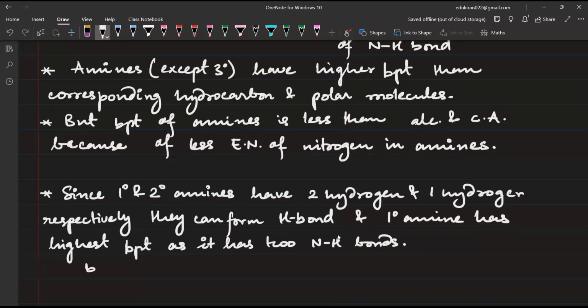So if I talk about the boiling point of amines, the order is 1 degree is highest, followed by 2 degree, and the 3 degree is very, very less.